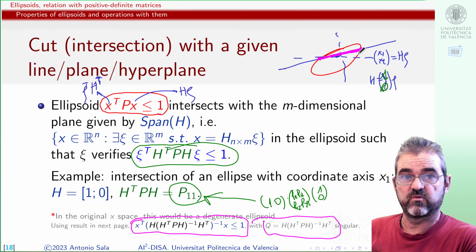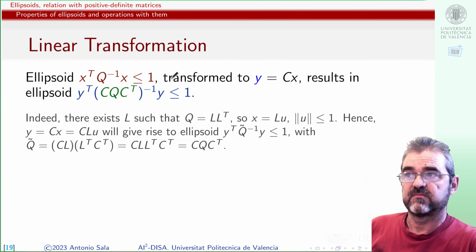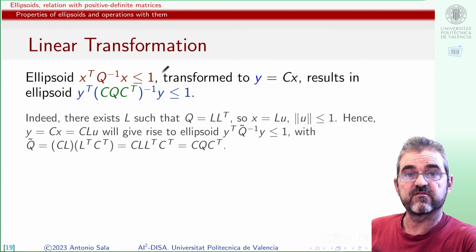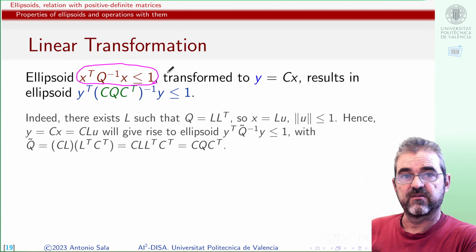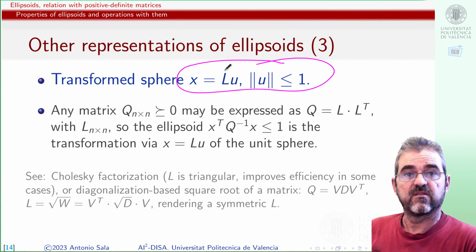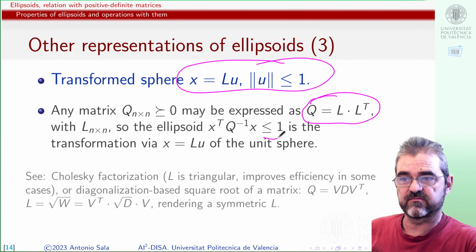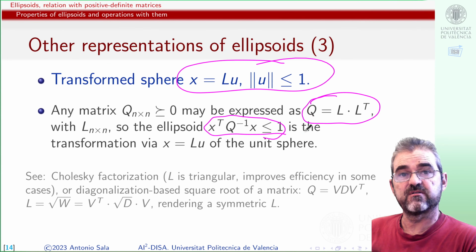Okay, let's go to the next page, in which we will discuss the linear transformation of an ellipsoid for convenience in this inverse form. This will generalize the representation of any ellipsoid as a linear transformation of the sphere. If I am discussing a linear transformation of the sphere, then I can set Q as L L transposed, and this will be the resulting ellipsoid.